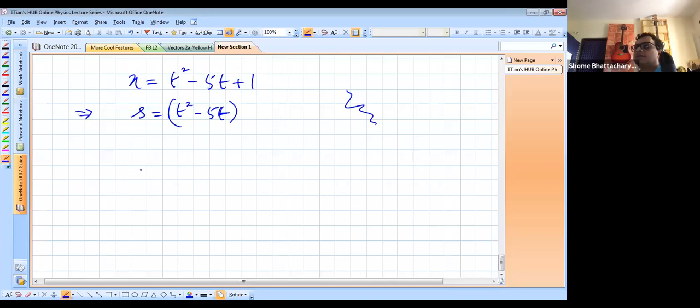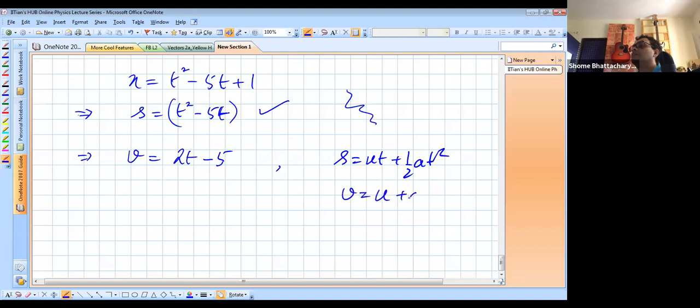Okay, so coming back to this, my displacement was like this. That was the next way. And from that I saw that the velocity is becoming 2t minus 5, because I compared this with the standard equations that s is equal to ut plus half at square and v is equal to u plus at.